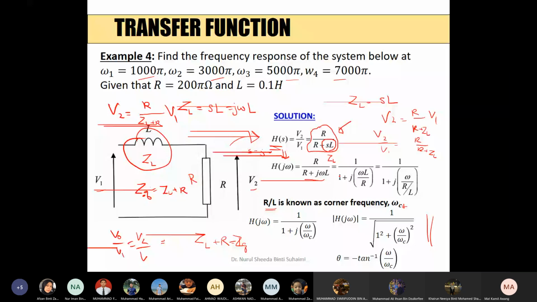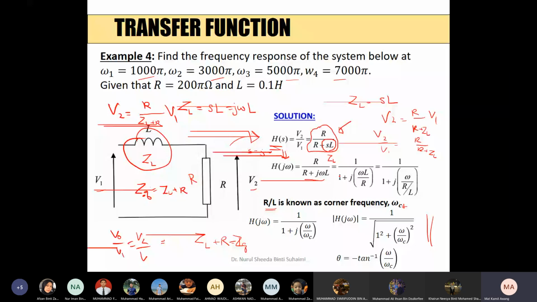For omega 2, basically you have H J omega equal to 1 over 1 plus J, omega 2 is 3000 pi, so 3000 pi over 2000 pi. So basically 1 over 1 plus J 3 over 2. So you find the magnitude for this and the angle, so you get this answer.